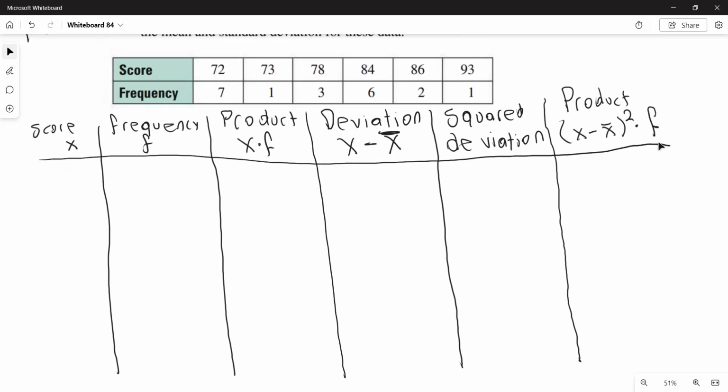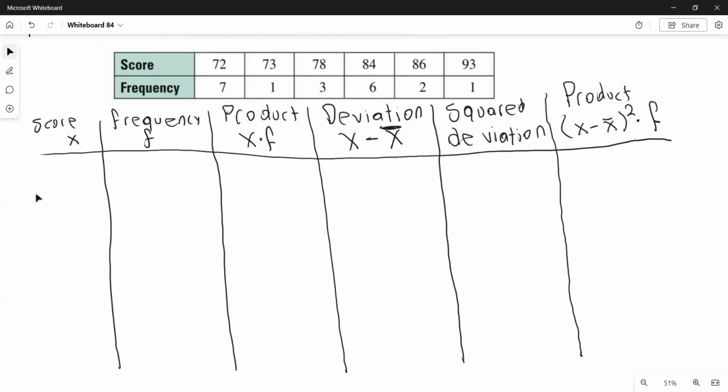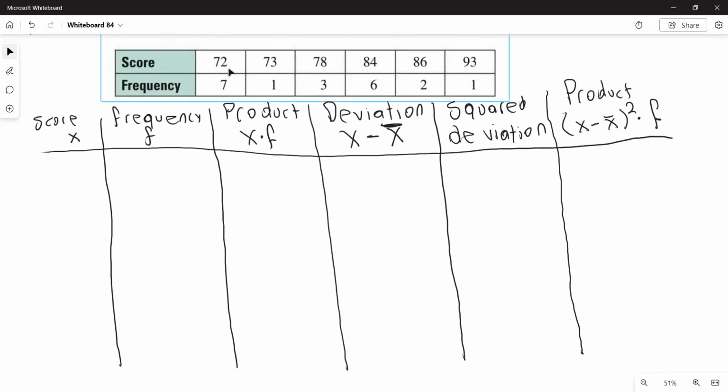While we find the square deviations, we need to add it according to the frequency. So if a value, for example the square deviation of 72, has 7 values, we will need to add that 7 times. That's why we multiply the square deviation by its frequency. Okay, so let's start.